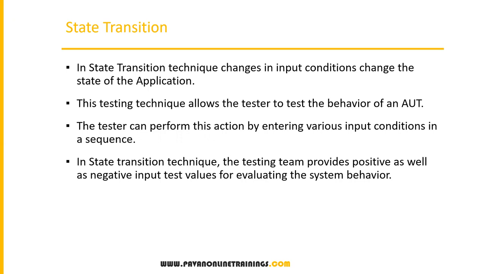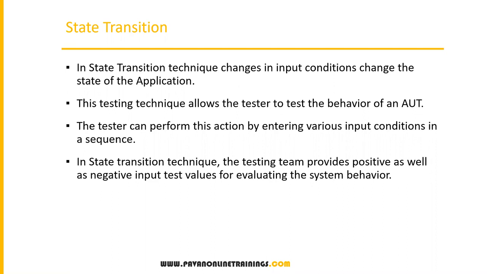I'll tell you one example, then you can understand. This technique allows the tester to test the behavior of the application, and the tester can perform this by entering input values in a sequence. And in state transition technique, the testing team provides positive as well as negative input test values for evaluating the system behavior.